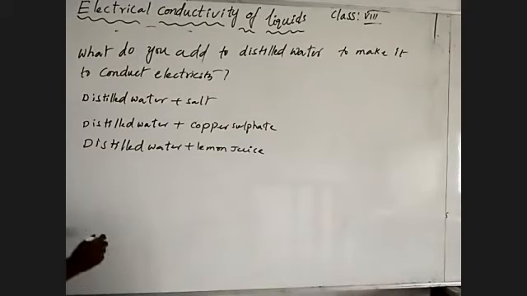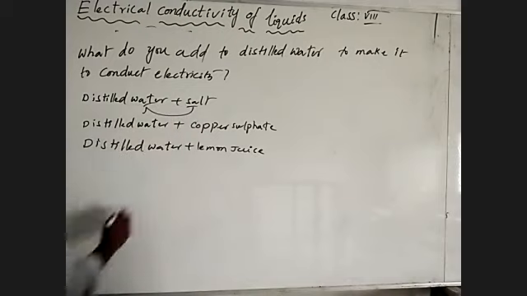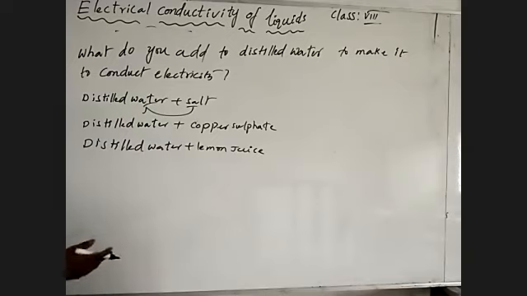Okay, by adding an acidic solution to the distilled water, it makes a good conductor for electric current. What are we adding? Salt to the distilled water. By adding salt to the distilled water, it becomes a salt solution. By that it conducts the electric current. It behaves as an electrolyte for the electric current.